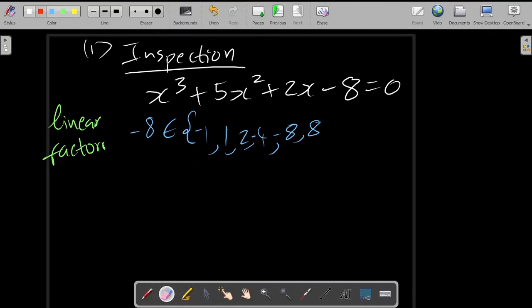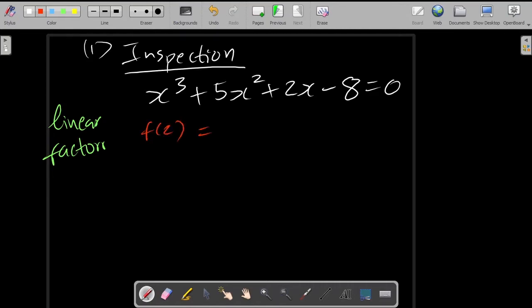If we substitute one of these factors of -8 into this expression and it gives us 0, we basically know that that factor is one of the factors of the cubic polynomial. So that is what we're basically going to do. You have to try a bunch of factors. So for example, we can try f of 2. Let's try that and see what we're actually going to get in this case.